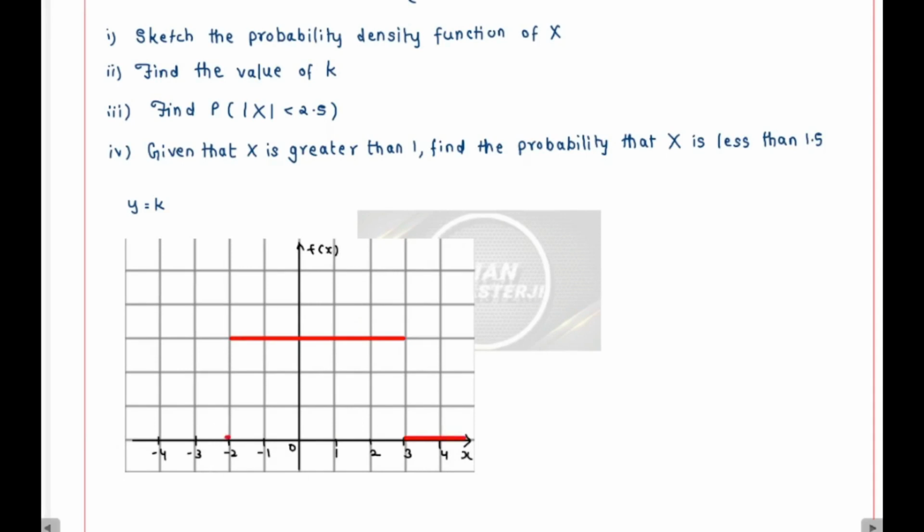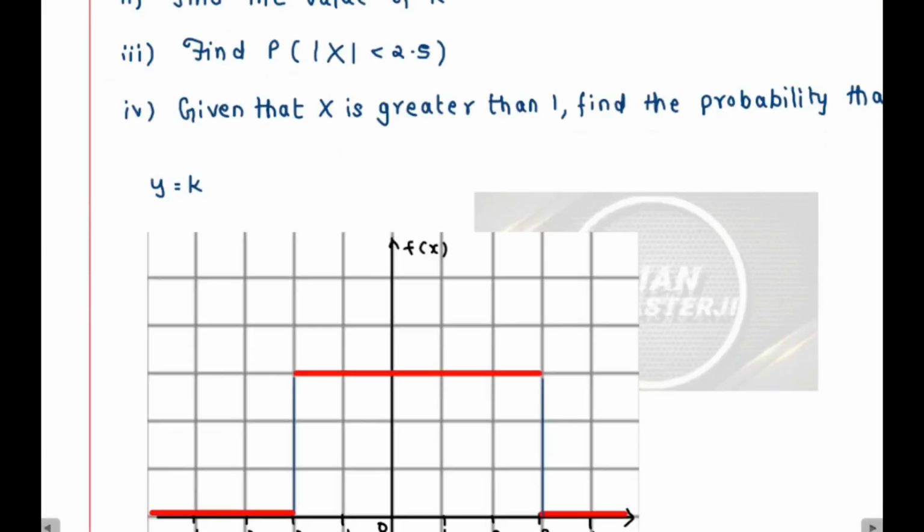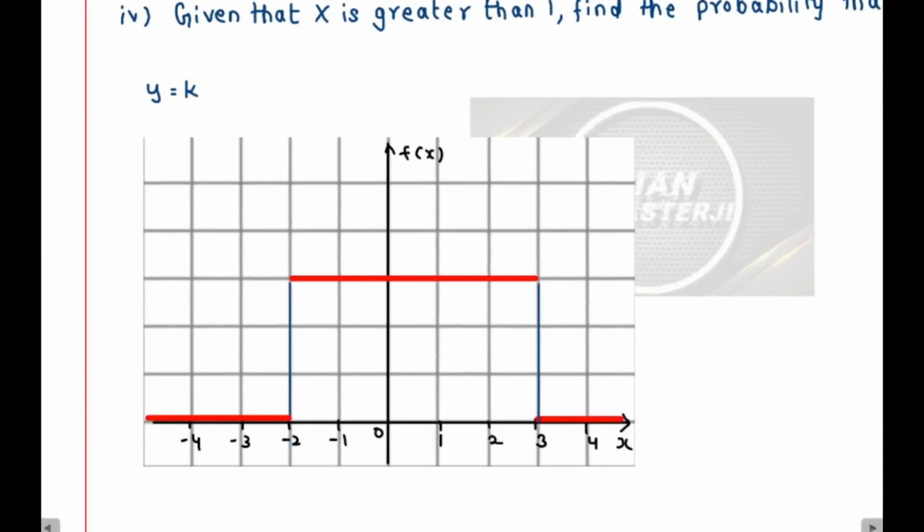And to the left of -2, f of x is also 0. Correct? So that means f of x is nonzero only for this interval from -2 to 3. Let me draw a dotted line here just to indicate that f of x is only for this interval.